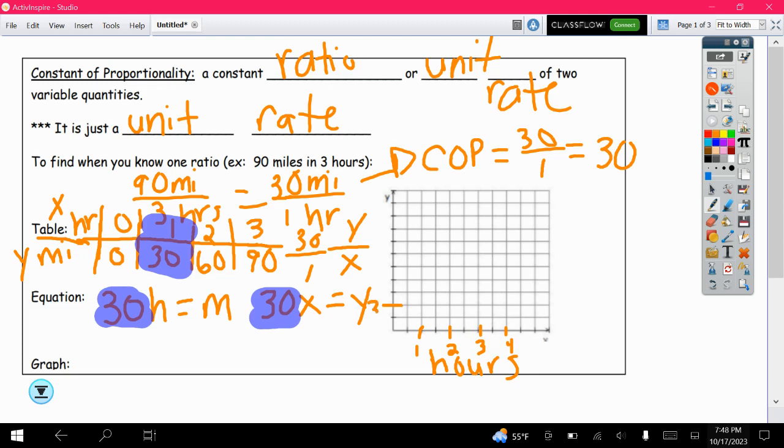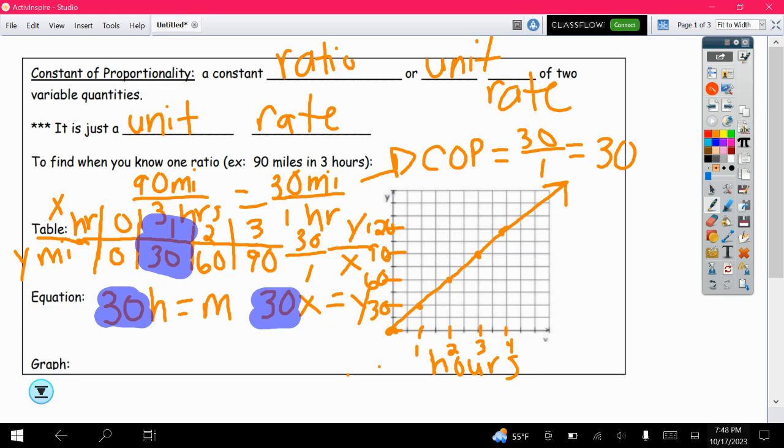And then we'll go by 30s. We have 30, 60, 90, 120, and so forth. So we know we have (0, 0), (1, 30), (2, 60), (3, 90), (4, 120), and so forth. So here's our graph.